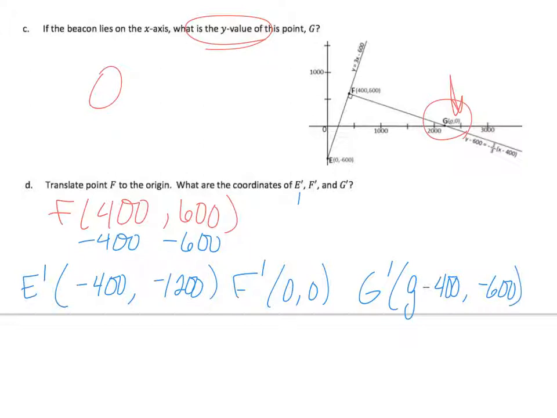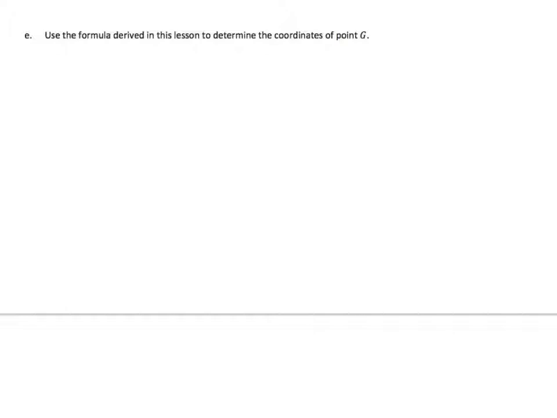So cool, make sure you have those written down because I'm moving on to the next question and you won't see the slide anymore, okay? So use the formula derived in this lesson to determine the coordinates of G. So these are going to be perpendicular lines, so I can use that formula to solve for G, okay?